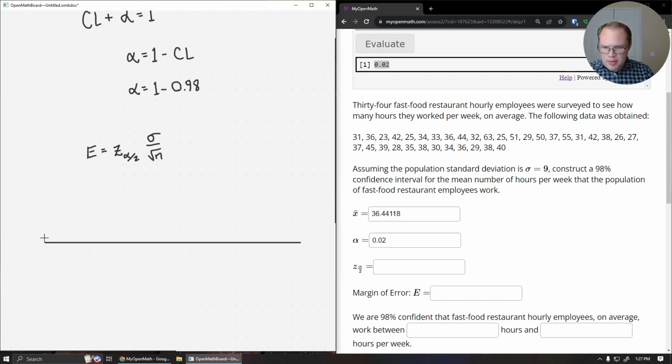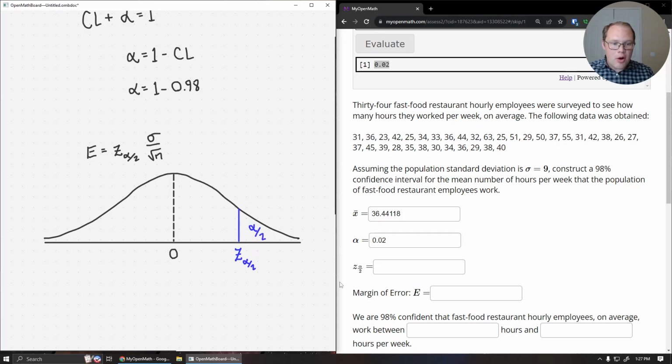If we think about this in terms of the standard normal distribution, so we have mean 0 since we're dealing with the standard normal distribution, we want the z-score, this z alpha over 2, so that the area to the right is alpha over 2.